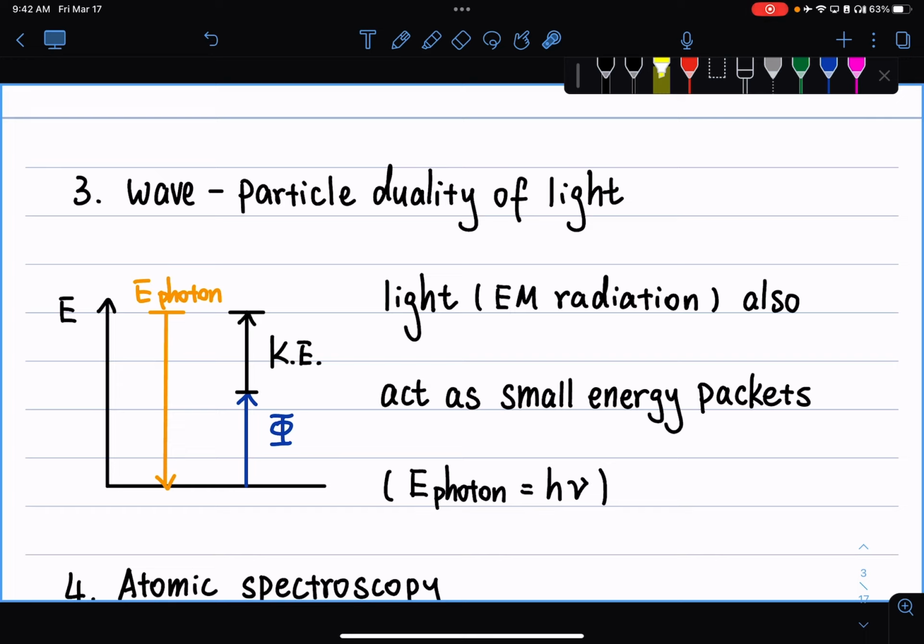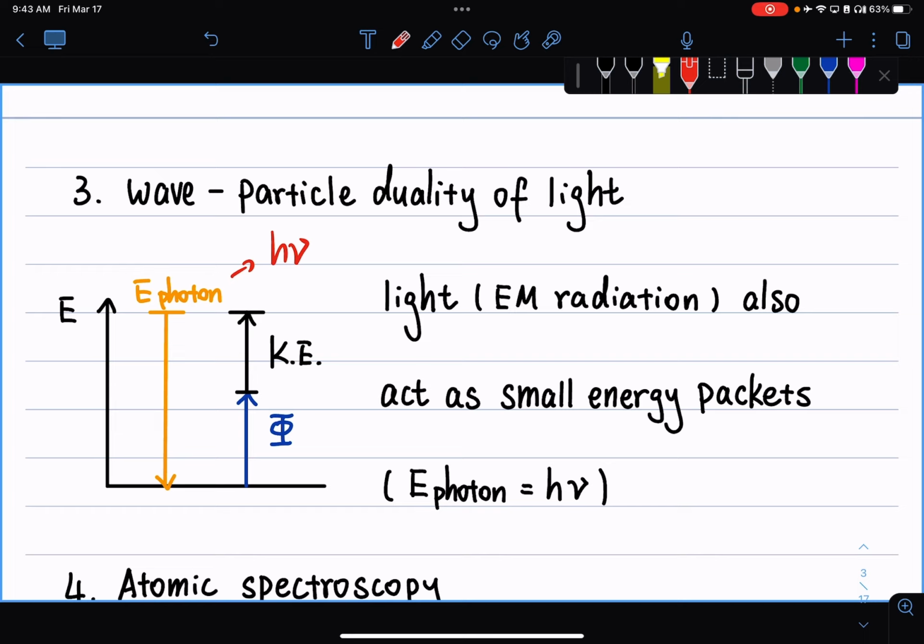Second one, when we talk about the photoelectric effect, what we have is wave-particle duality. Again, in that experiment, at the surface of your photocathode, you have some kind of work function. Only if the photon energy is larger than that work function, you will observe photoelectron ejection. So that E photon is h nu. h is our Planck constant, nu is the frequency of the light.